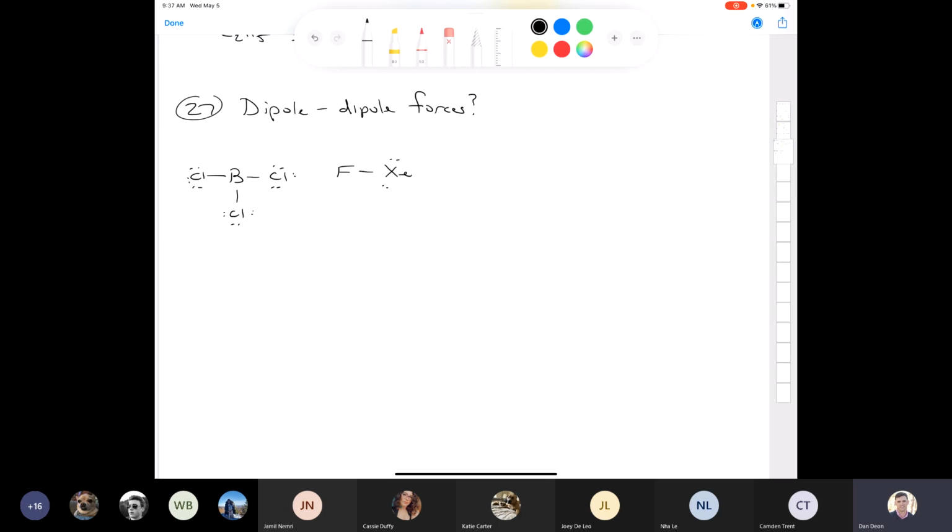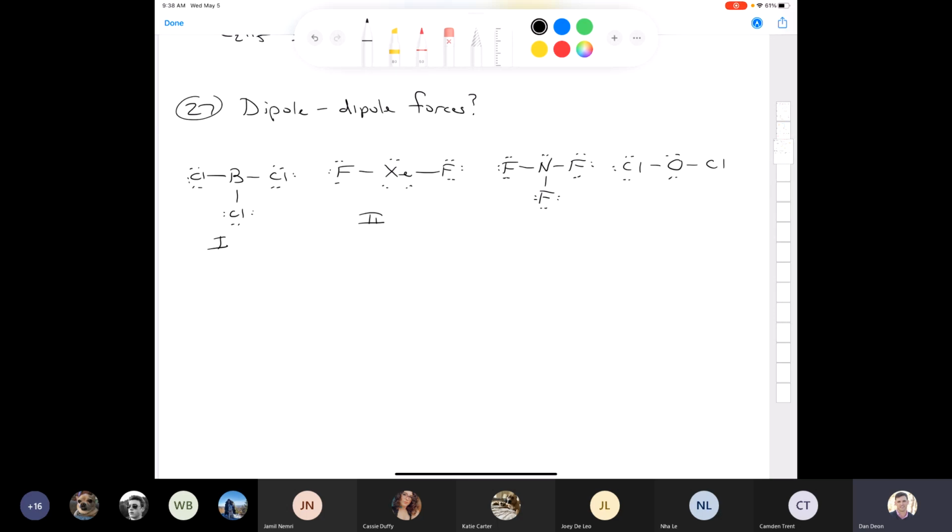Then I've got this xenon difluoride. Finish that one up. So this is number 1. This is number 2. What do we got for number 3? We have nitrogen trifluoride. So we got nitrogen. You guys can probably solve this problem faster than me. There we go. And last we have oxygen dichloride.